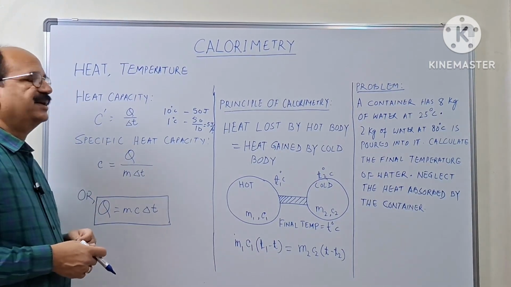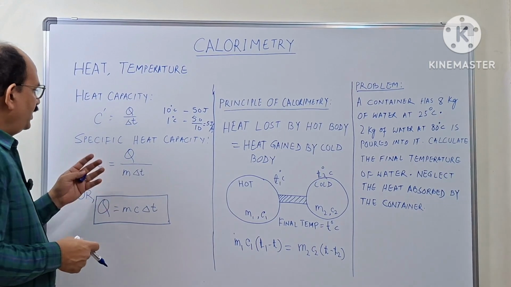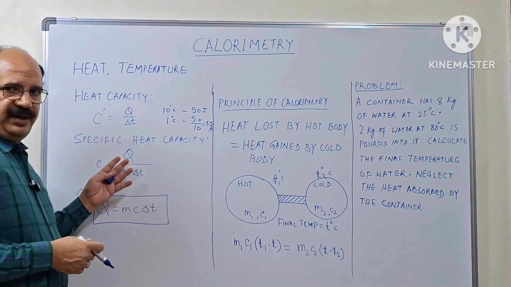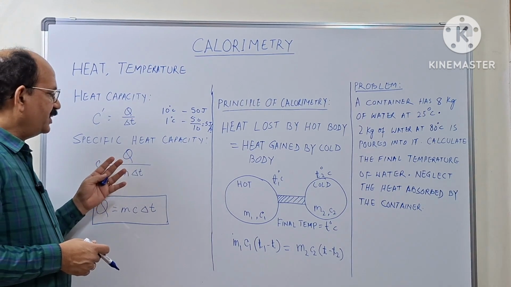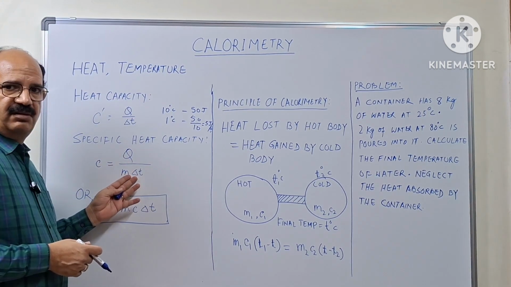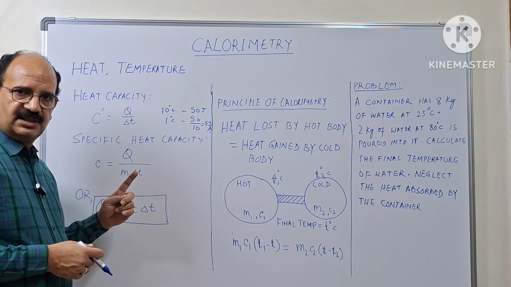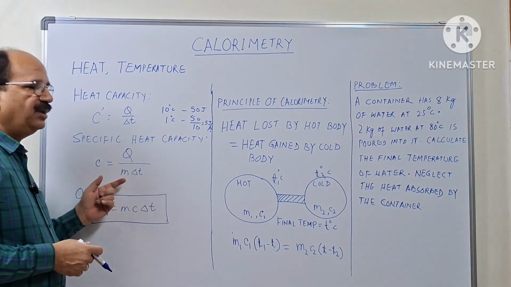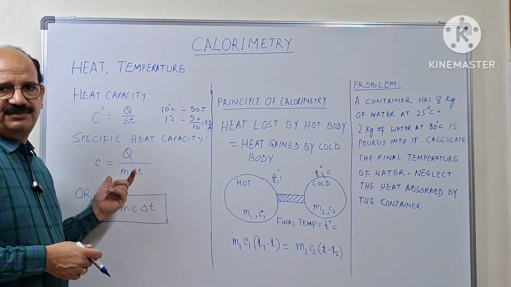The specific heat capacity, it is the heat required to change the temperature of a body by 1 degree Celsius, and that body has to be of 1 kg mass.